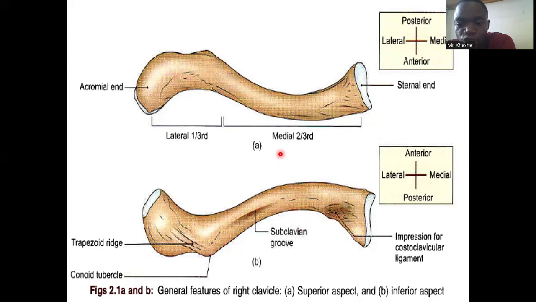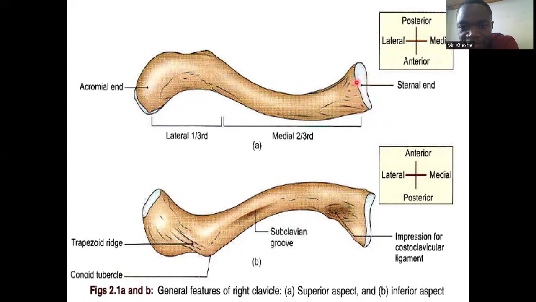That being said, it has two surfaces. Next is that it has two ends. So it has a lateral end and a medial end. Now, because the medial end attaches to the sternum and the lateral end attaches to the scapula, so it will carry those names of the structures it is associated with. So this part here that you are seeing is called the medial end.